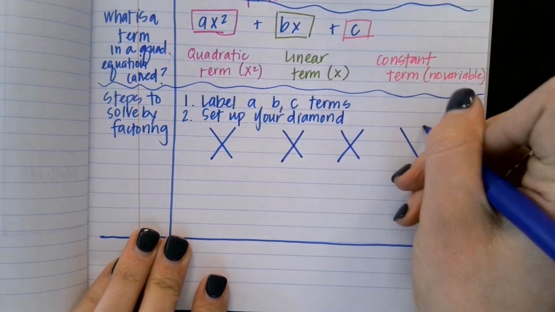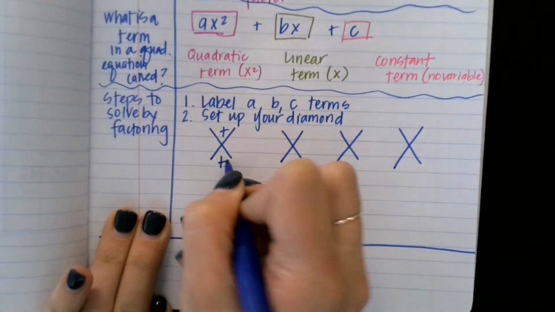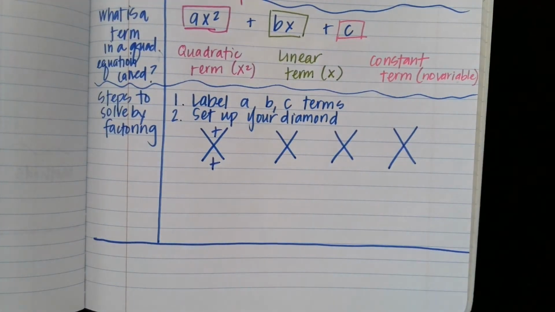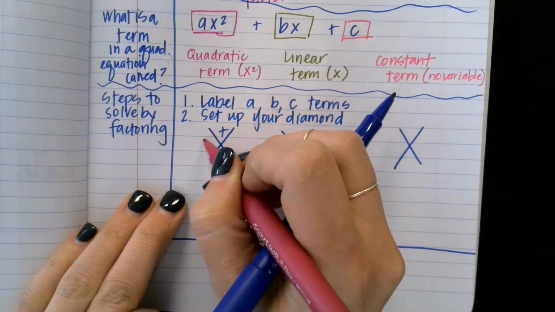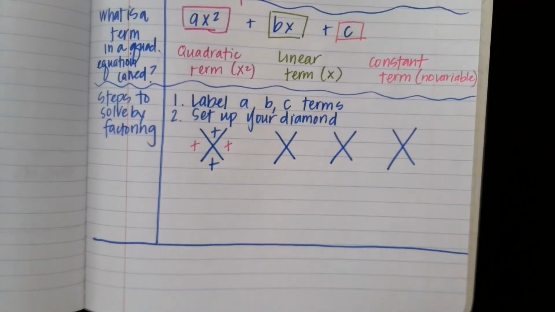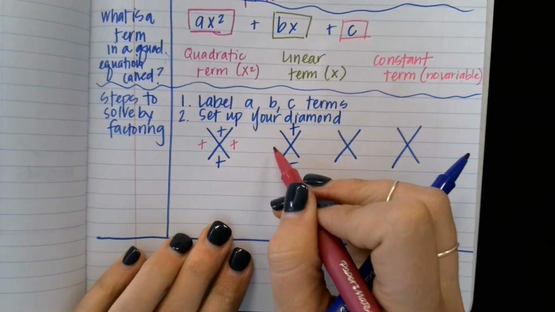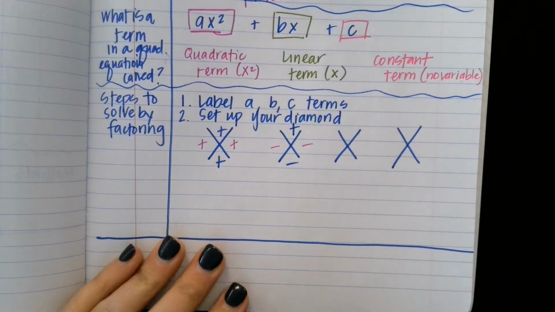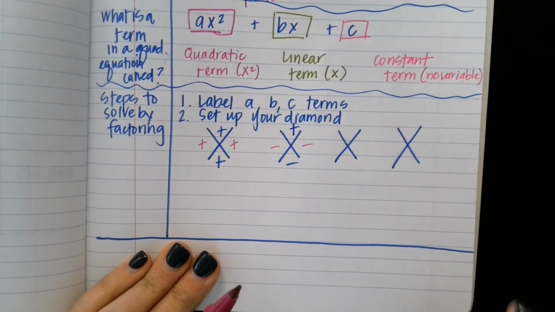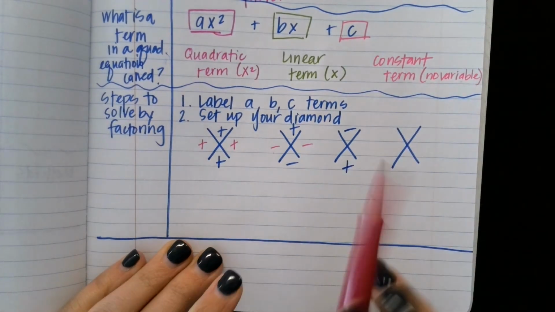But there are going to be 4 different types of diamonds. If you have a positive term and a positive term on the top, that means that your left and right terms are also going to be positive. If you have a positive term on the top and a negative term on the bottom, you're going to have 2 negative terms on either side. Again, this will make a lot more sense when we actually do one. You have a negative term on the top and a positive term on the bottom.